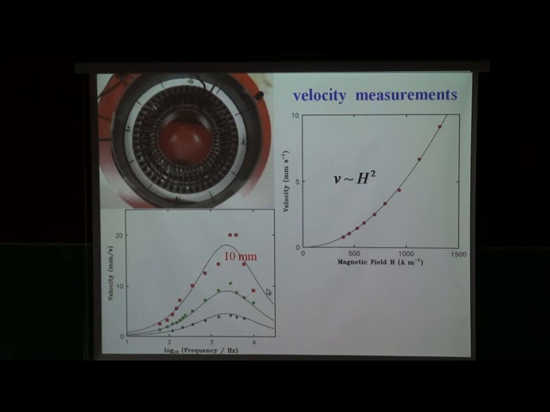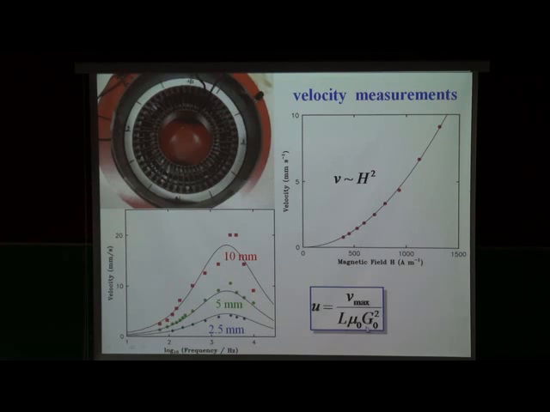Then you can perform this experiment for a smaller ring, a channel of 5 millimeter, and a channel of 2.5 millimeter cross section. And to get rid of the depth of the ring, you can scale this experiment by L, which is the depth of the ring. So you get a kind of reduced flow velocity, and this is also divided by the square of the magnetic field.